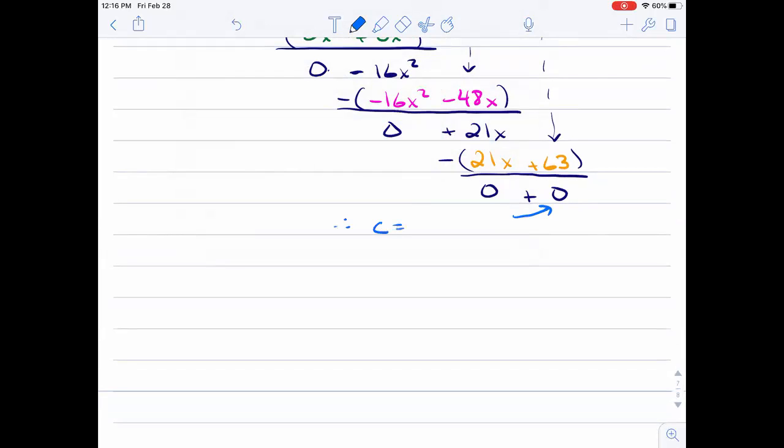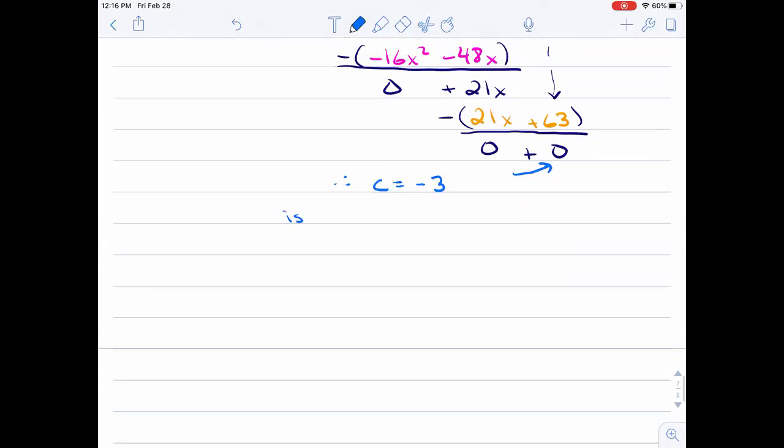Therefore, C equals negative 3 is also a 0 of P of x.